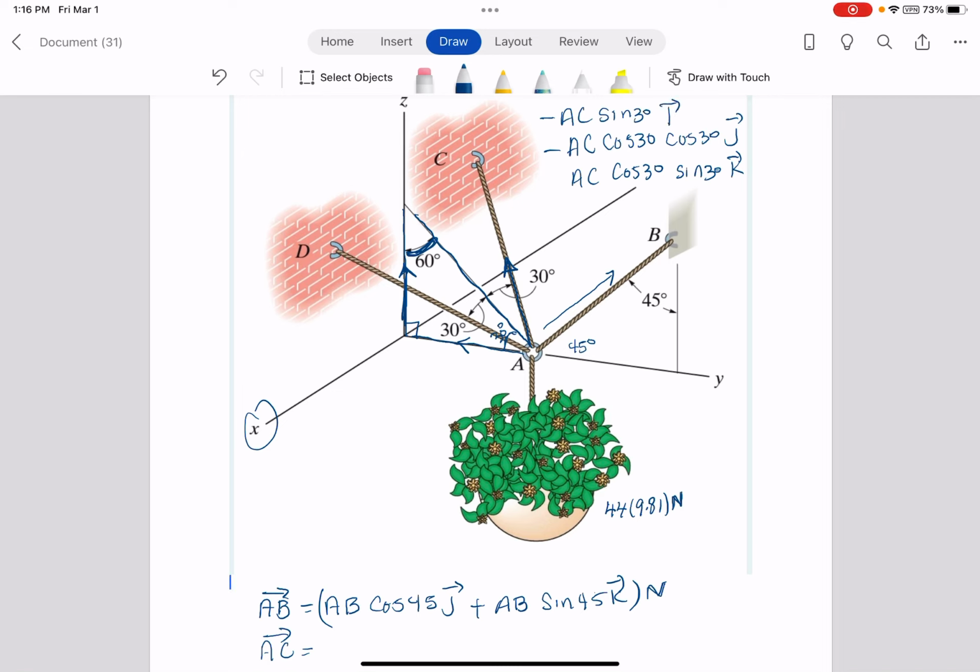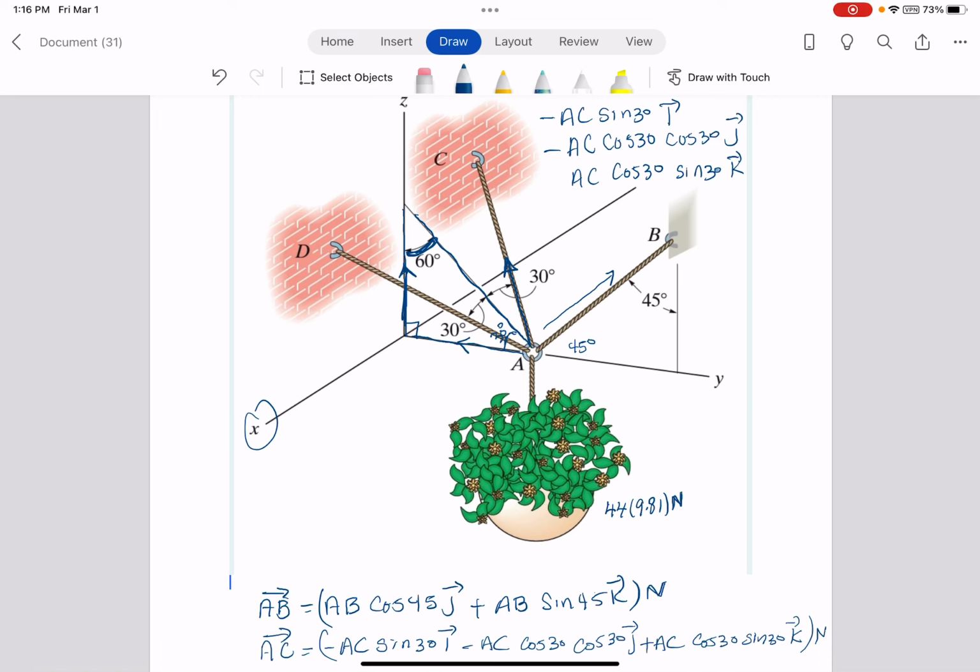Okay, so now we could start to put together AC: minus AC sine 30 i, minus AC cosine 30 j, plus AC cosine 30 sine 30 k, and this is in Newtons.